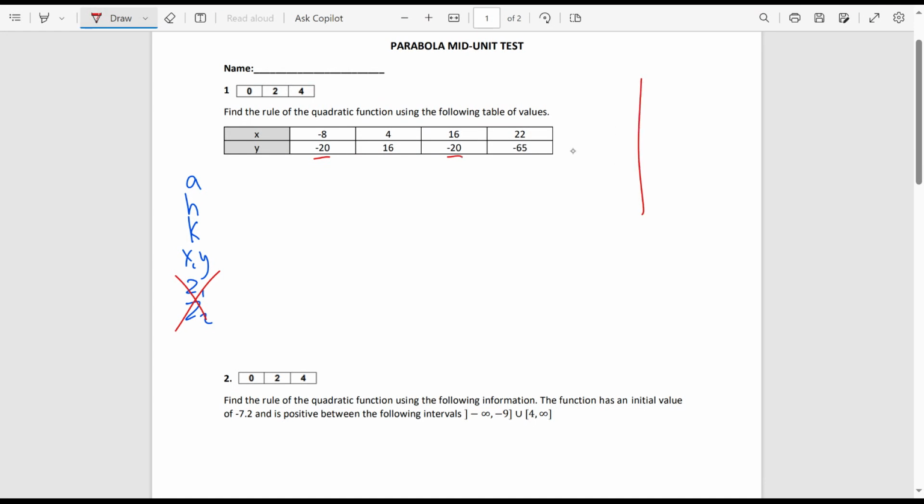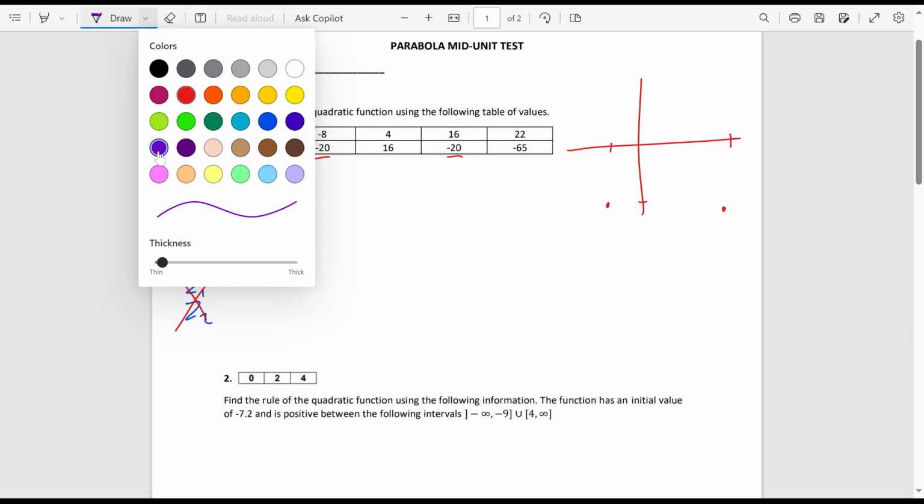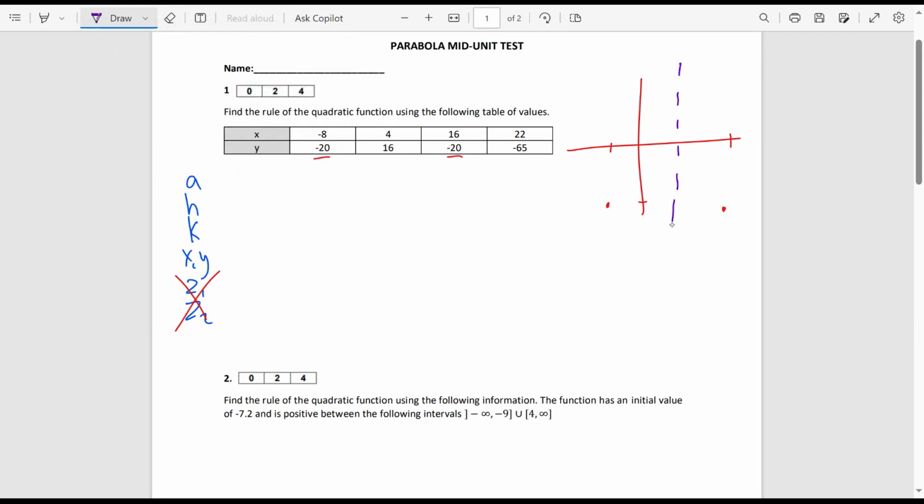My attention is drawn to these two y values that are the same. And so I just did a little sketch right here just to try and think about what that might look like. Because the y values are the same on this guy, I can actually find out the axis of symmetry. Because I can just ask myself, what is in between those two guys?